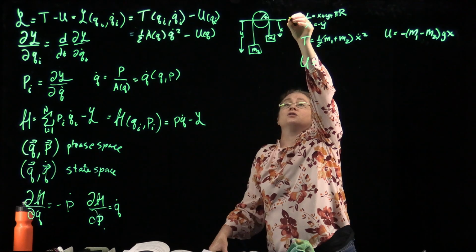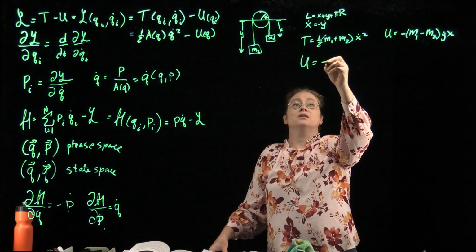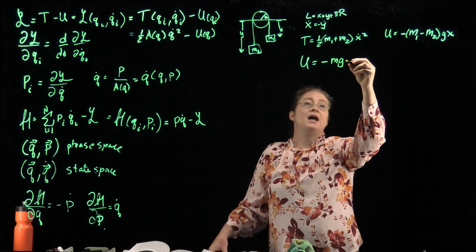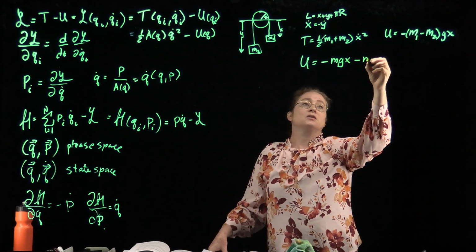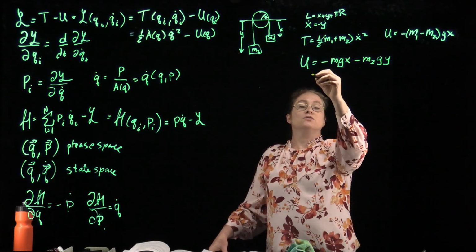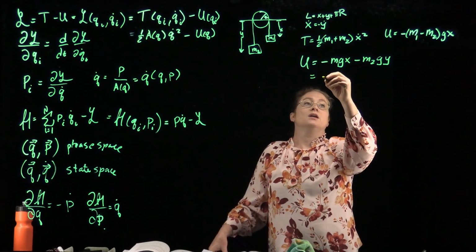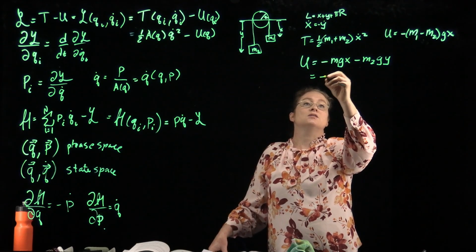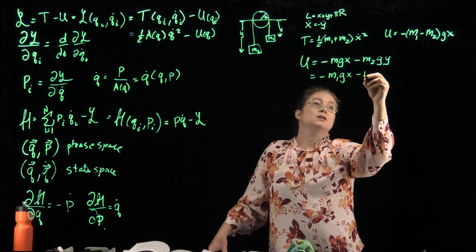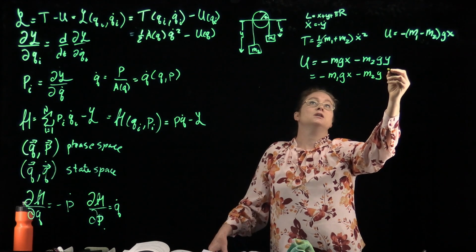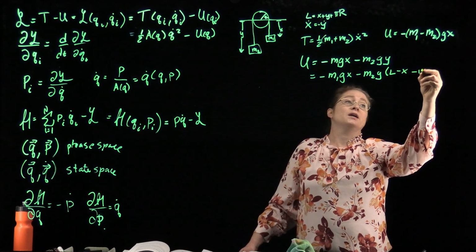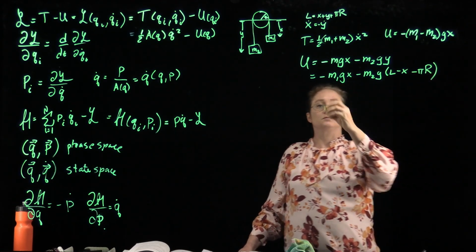So we'll set our 0 here, and then the potential is negative m1 gx minus m2gy, but we're going to use our equation of constraint in order to get rid of y. So this is negative m1g x minus m2g times L minus x minus pi r.